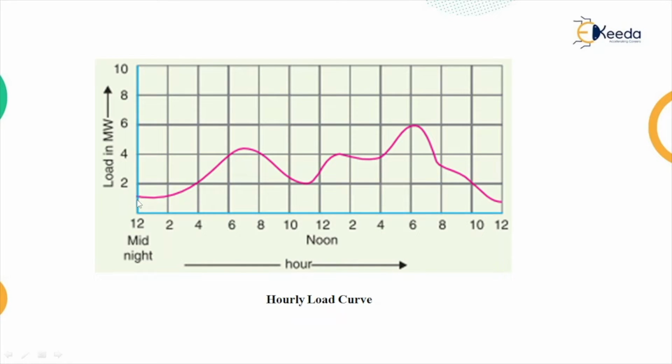And the area under this curve gives the units generated in that day by the generator. So what does area represent? Area represents the units generated per day.